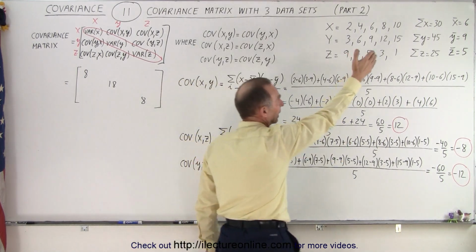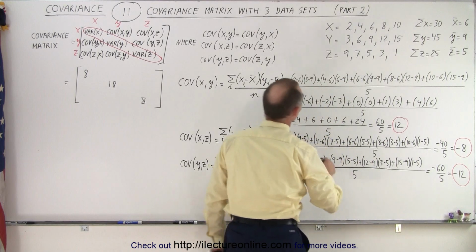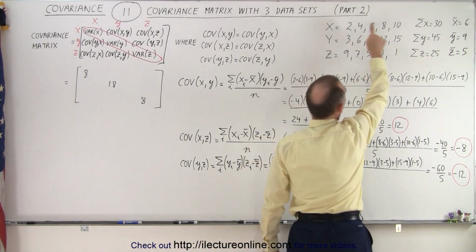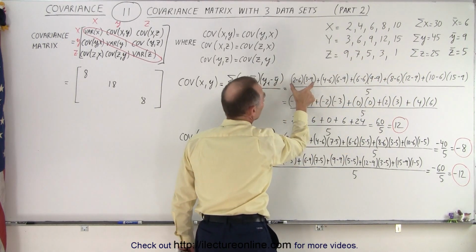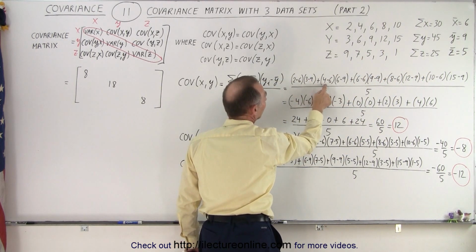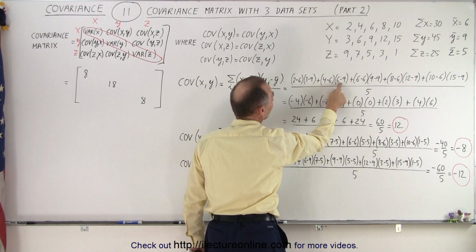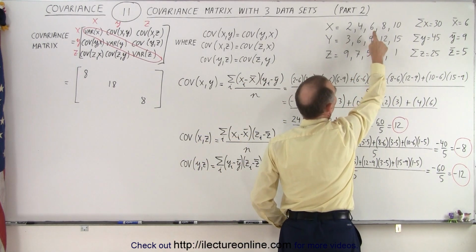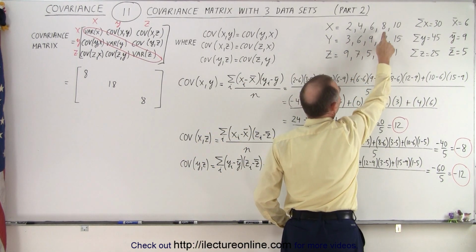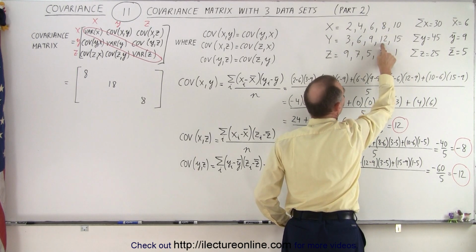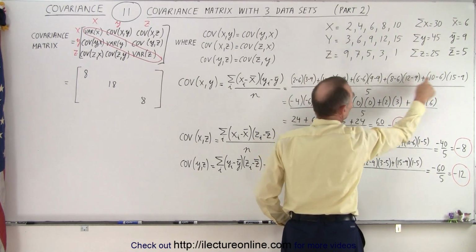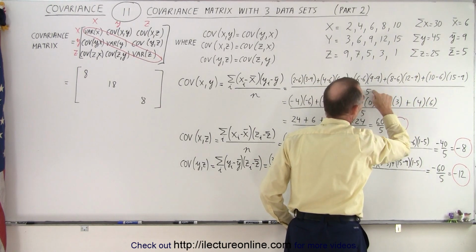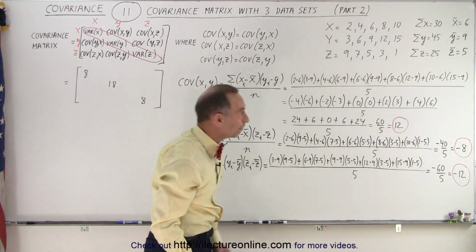Notice we had already calculated the averages of the data sets, so we take 2 minus 6 multiplied times 3 minus 9, and we multiply that together. Then we get 4 minus 6 times 6 minus 9, 6 minus 6 times 9 minus 9, 8 minus 6 times 12 minus 9, and 10 minus 6 times 15 minus 9. That becomes the numerator, and we divide that by the total number of elements in the data set.